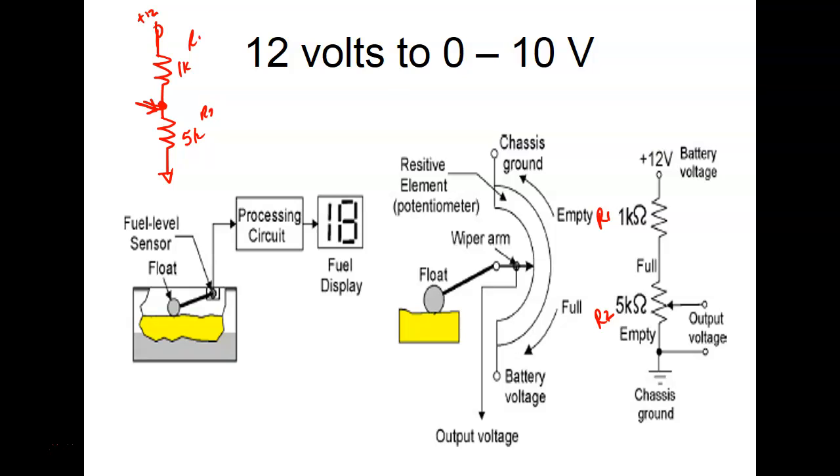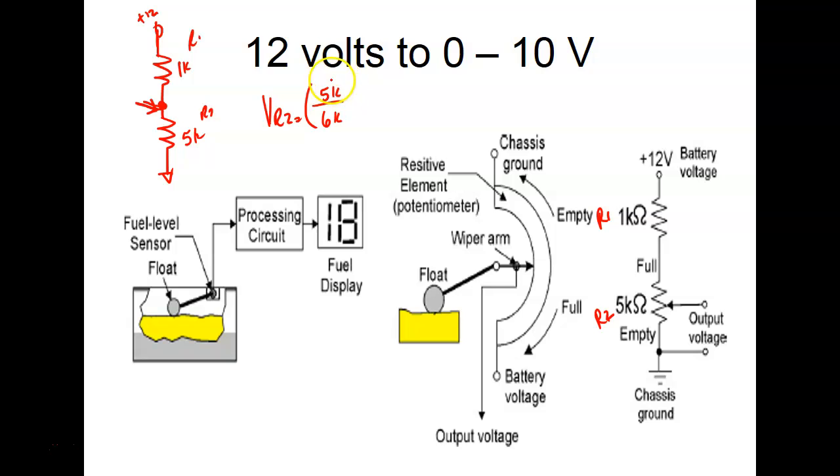So with the voltage divider formula, we don't have to calculate the current. VR2 would be equal to the ratio 5K divided by 6K.